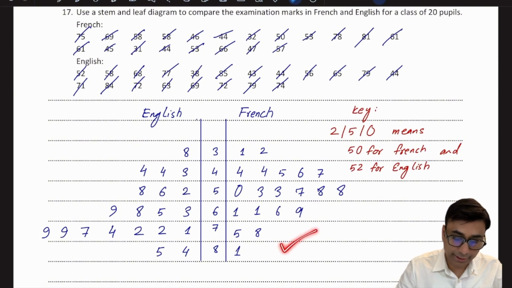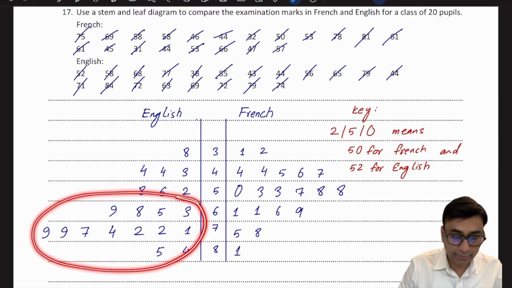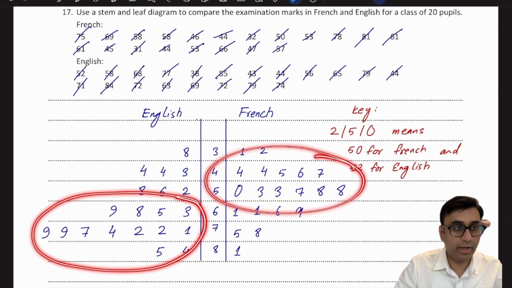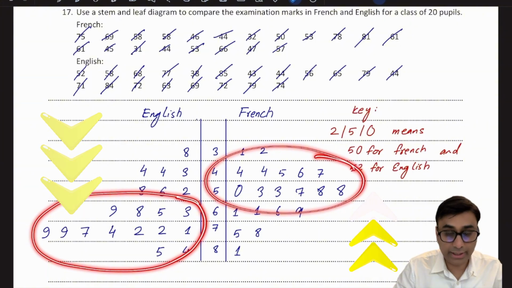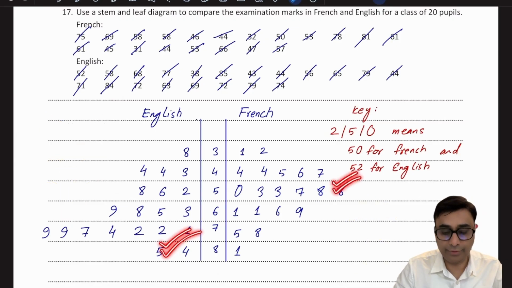When you arrange the data in this particular manner, you're able to compare the two sets of data as well. So I can see that there is a greater number of data for higher values of English as compared to the values of French, which is an indication of the fact that the marks obtained in English are higher as compared to the marks obtained in the subject of French.